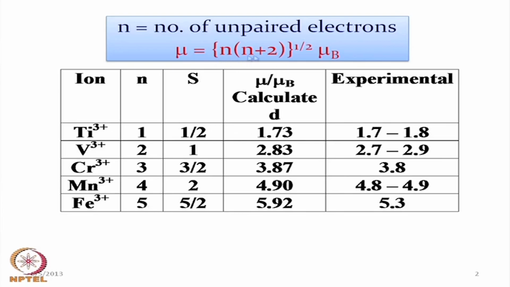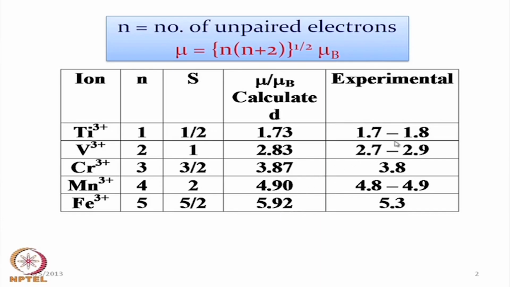If we put these values in this equation, n equal to 1 up to n equal to 5, we get the corresponding mu values, where mu B is the Bohr magneton. The calculated values of the magnetic moments are 1.73, 2.83, up to 5.92.